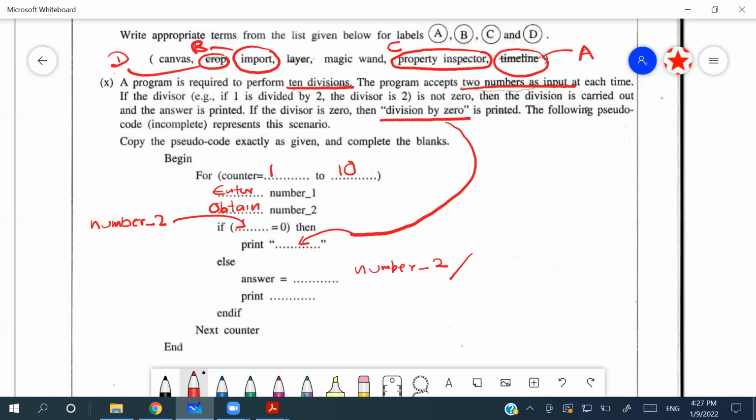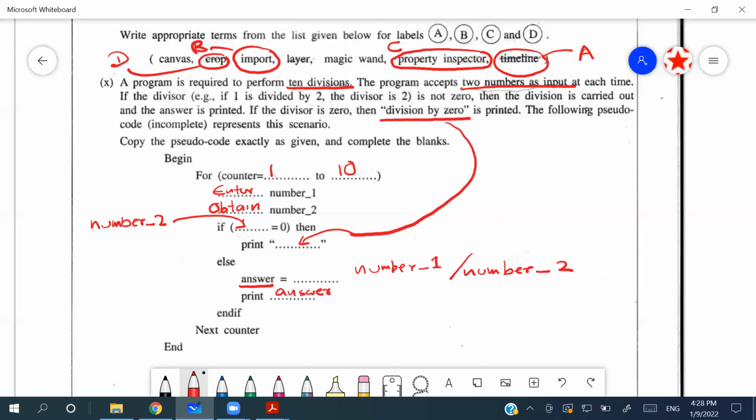Or else I'm going to do the calculation, number 1 divided by number underscore 2. Then I'm going to print the answer, using the same variable here. Then it's done.